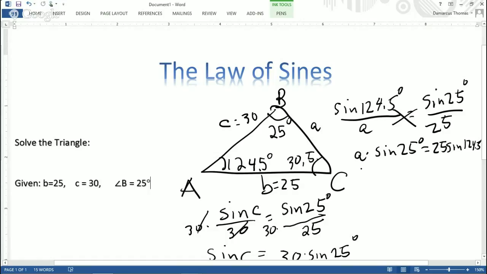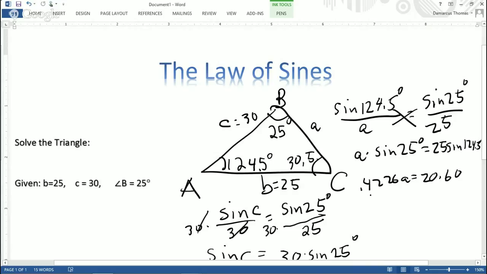Sine of 25 degrees is 0.4226, so I get 0.4226 times a is equal to 25 times the sine of 124.5, which is just 20.60.